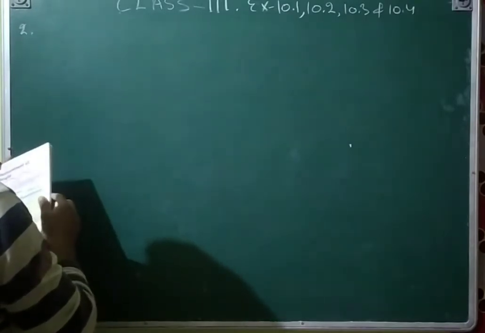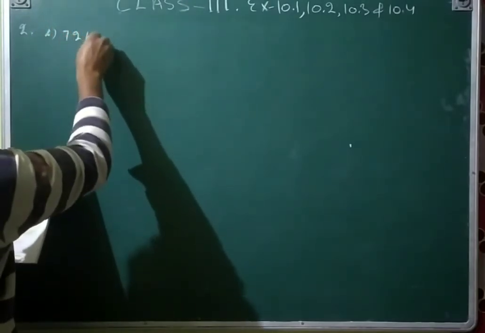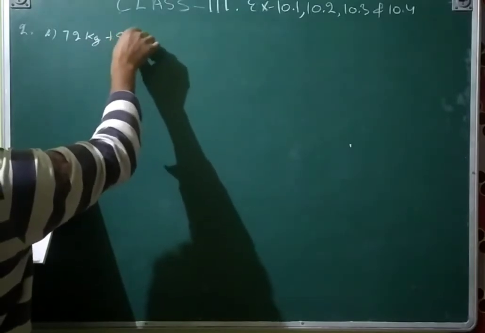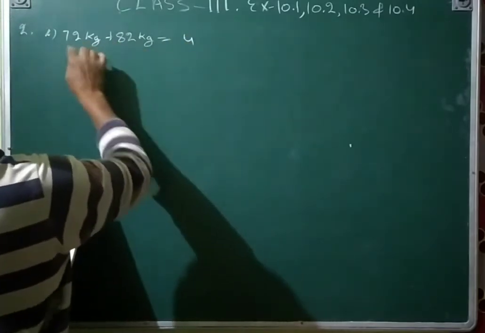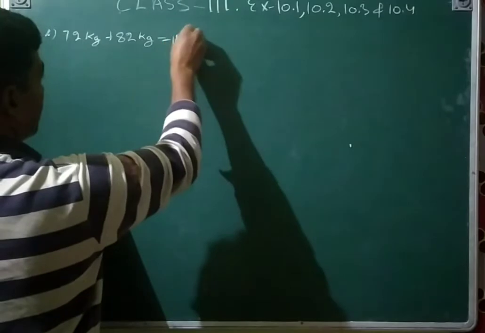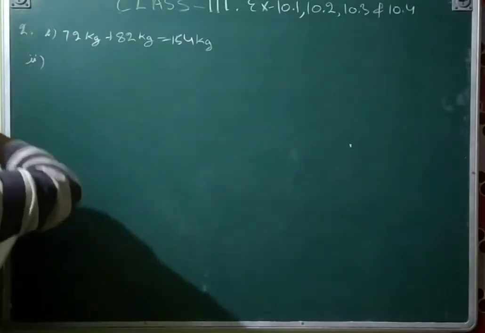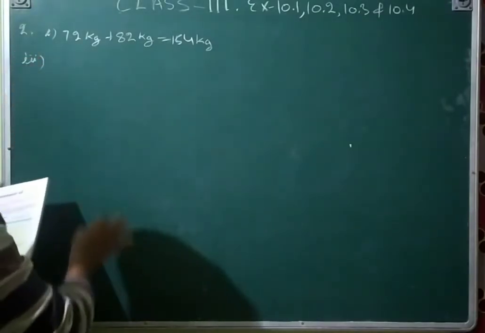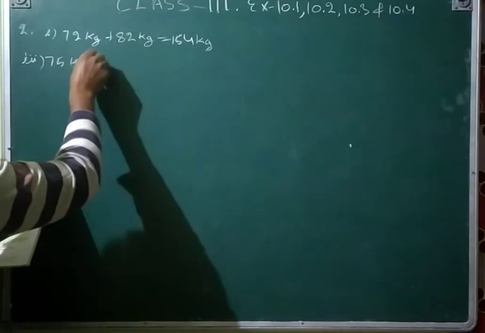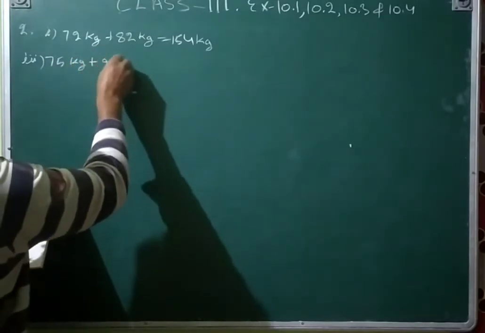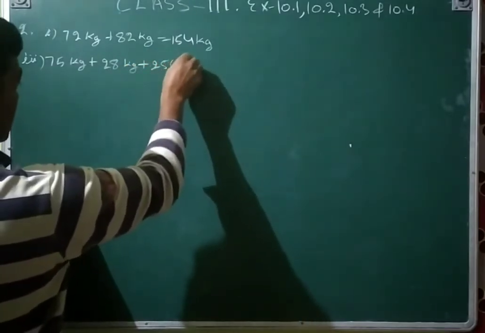The first part is 72 kg plus 82 kg is equal to 154 kg. The second part you do by yourself. The third part: 75 kg plus 28 kg plus 256 kg.